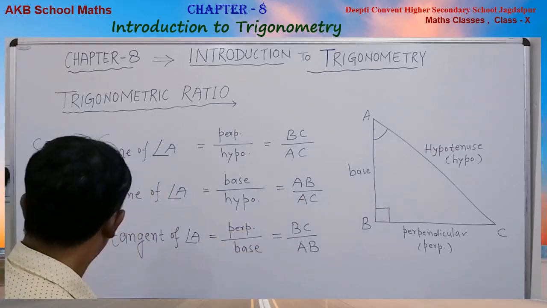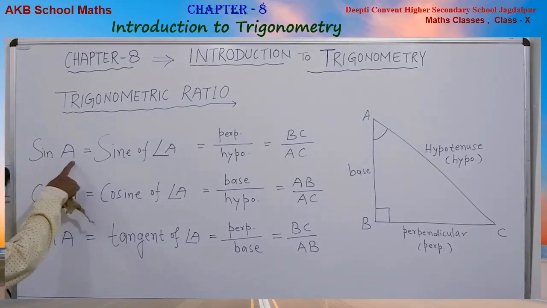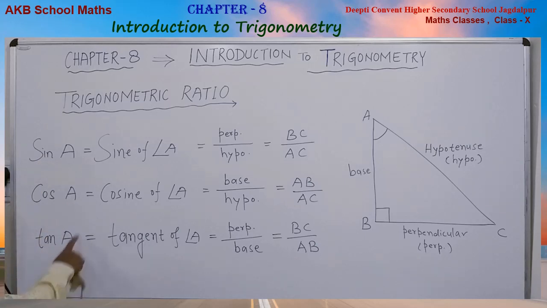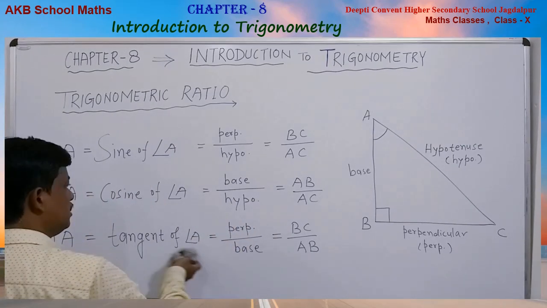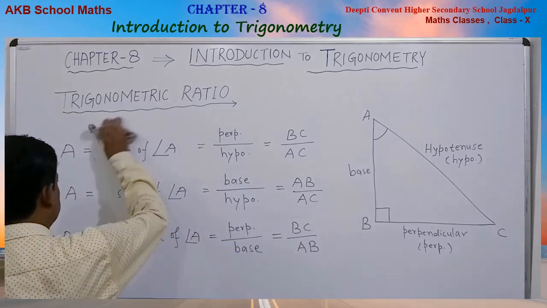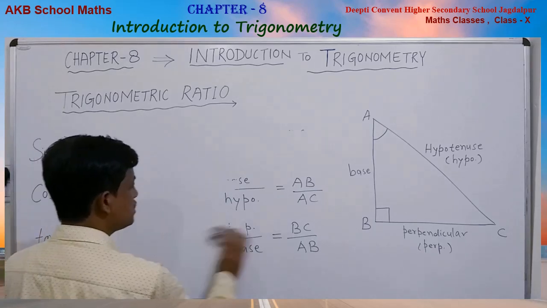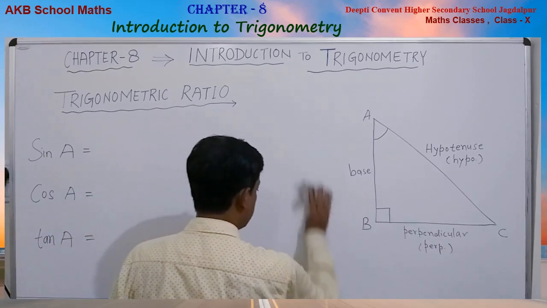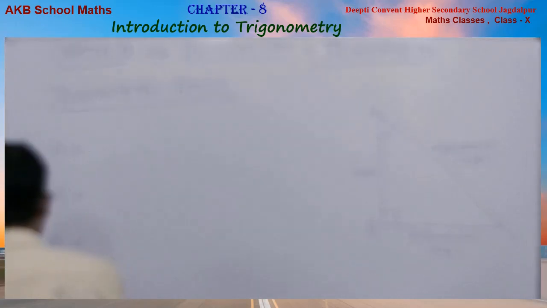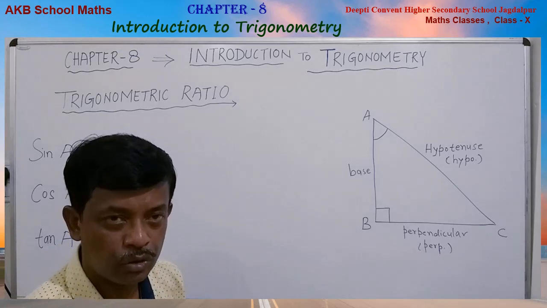So there are also three more trigonometric ratios. The basic ratios are sin A, cos A, tan A: sine, cosine, tangent of this angle. The other three ratios are reciprocals of these: the reciprocal of sine is cosec, the reciprocal of cos A is sec, secant, cosecant, and the reciprocal of tan A is cotangent.